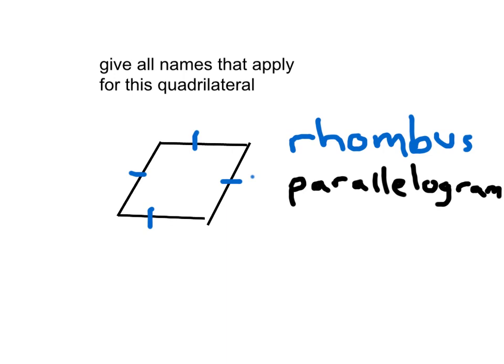And of course this is a quadrilateral as well. The reason why it's not a square is that we would have to have 4 right angles for a square. And I don't think there are any other names that apply for this quadrilateral.